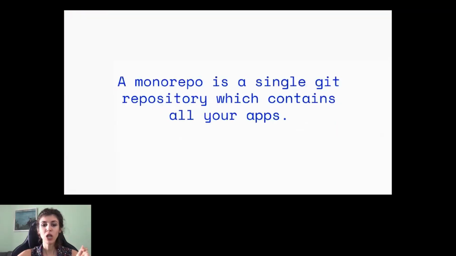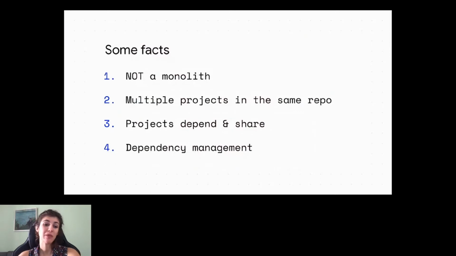So, what is a monorepo? In one sentence, a monorepo is a single Git repository which contains all your applications. Terrifying, right? Well, some facts about the monorepo and some of the misconceptions. It's not a monolith.